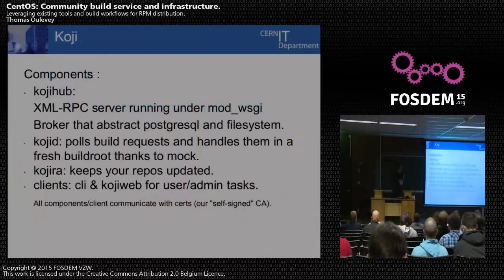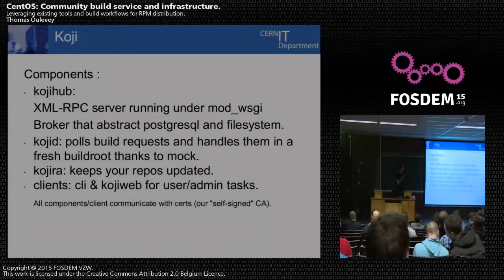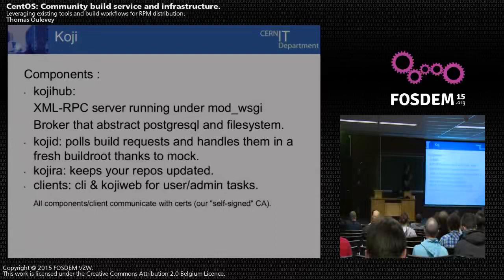Now, on the components of Koji, there are four main ones. The Koji Hub basically abstracts Postgres and the file system hierarchy for you. It's an XML-RPC service run by mod_wsgi. Then you have the Koji builders, which are the main components doing the action.